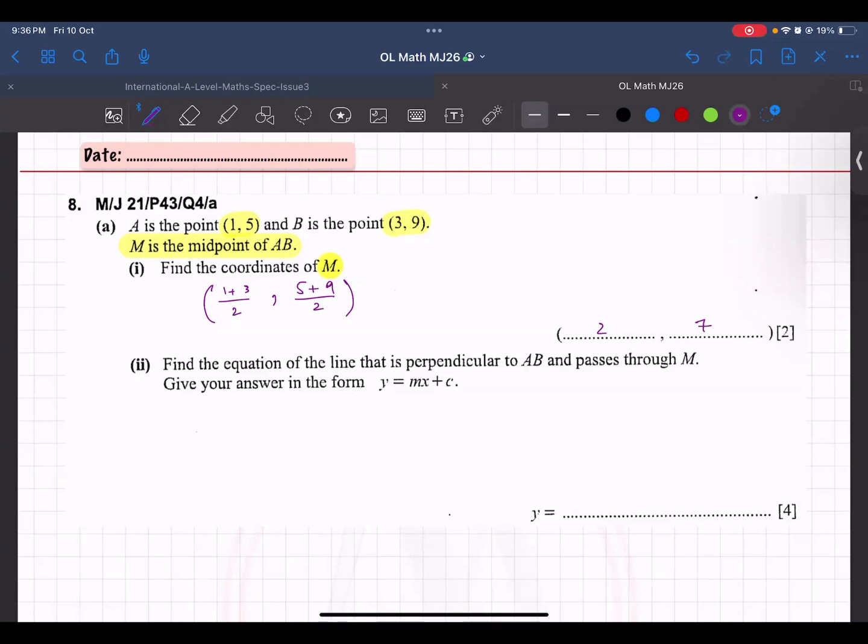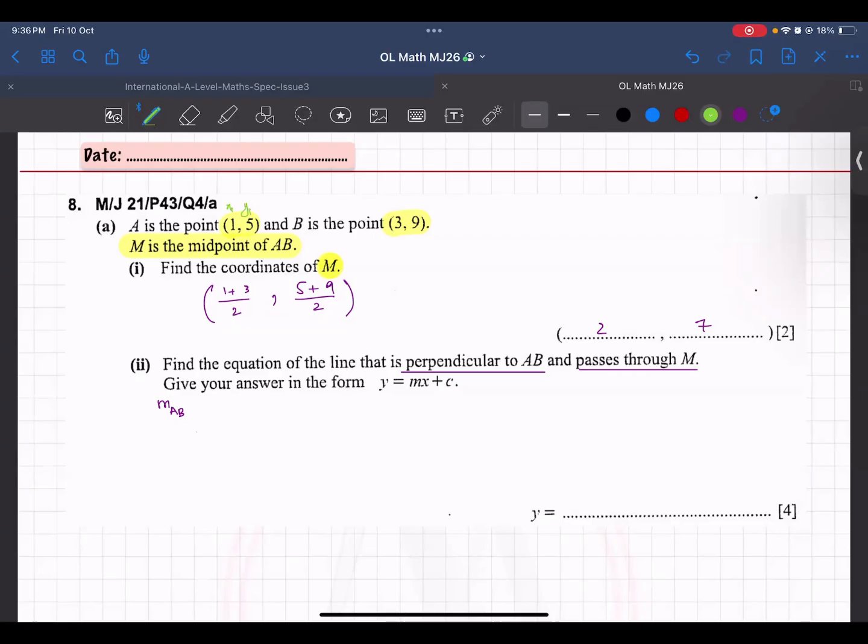Then find the equation of the line that is perpendicular to AB and passes through the point M. They are actually talking about the perpendicular bisector. So they're asking you to find a line which is perpendicular to AB and passes through the midpoint of AB. M is the midpoint of AB, so it is actually the perpendicular bisector. For this, you would need the gradient of AB.